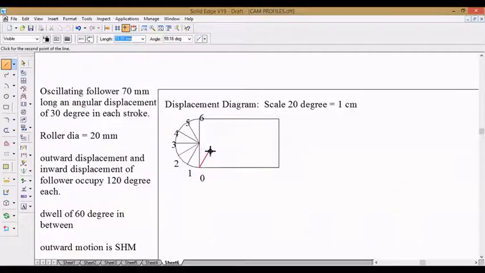This is a 6 centimeter line. So take 10 mm 0 degree, draw a vertical line. For every 1 centimeter, you divide the linear displacement.